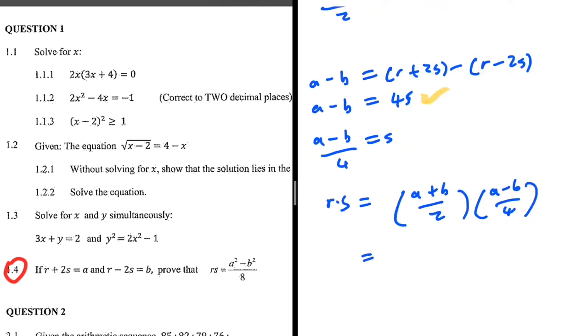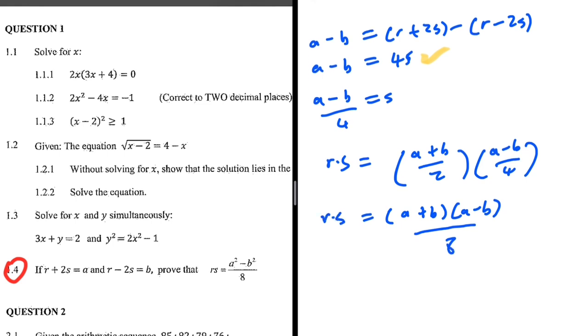Well, it should be easy to see that in the numerator we have a plus b multiplied by a minus b, and on the denominator we have 2 multiplied by 4, which is 8. But what we have on the numerator is a difference of two squares. So this is a squared minus b squared over 8.